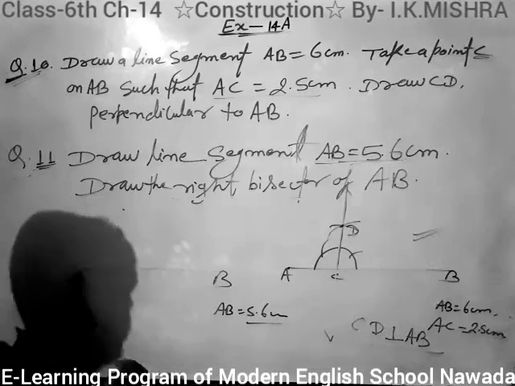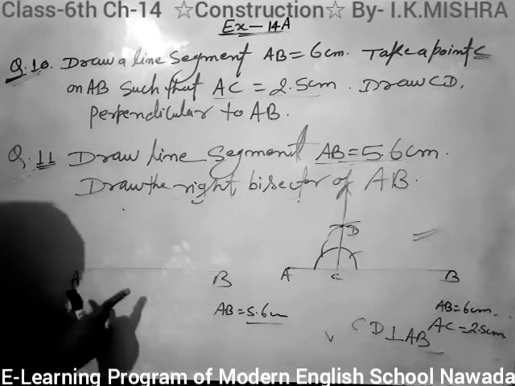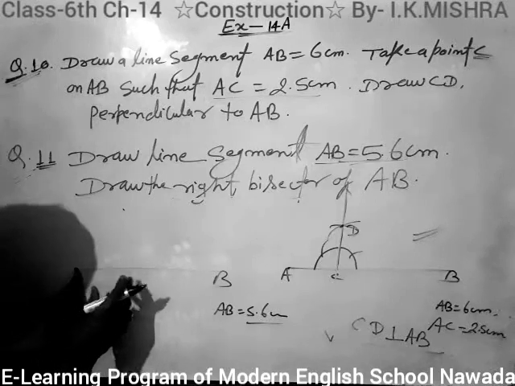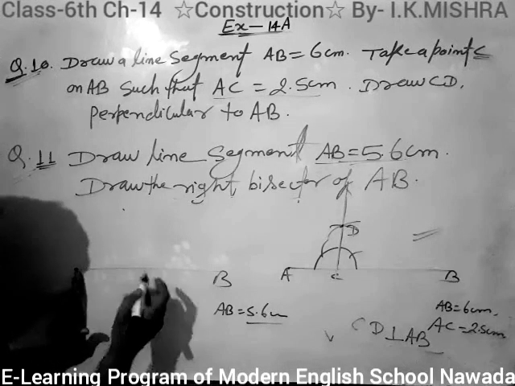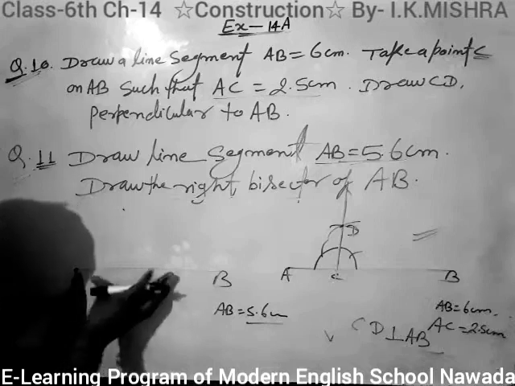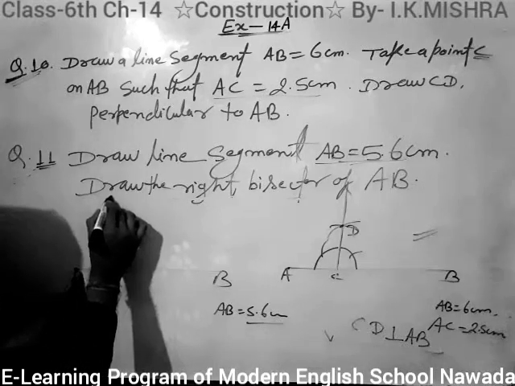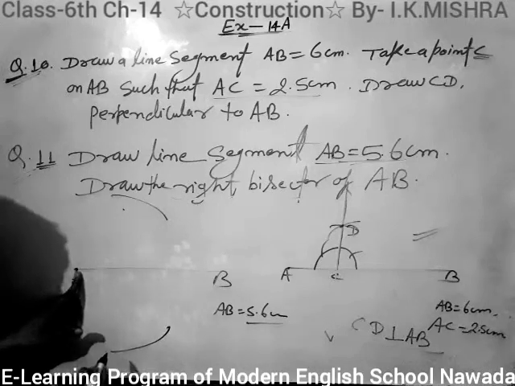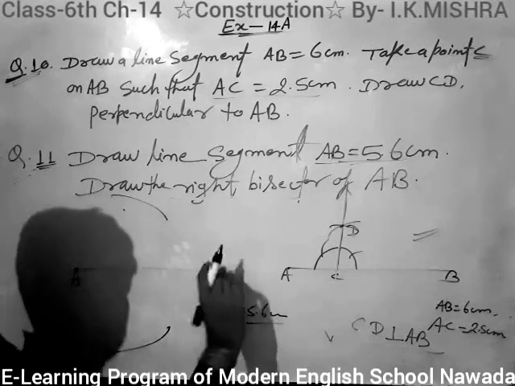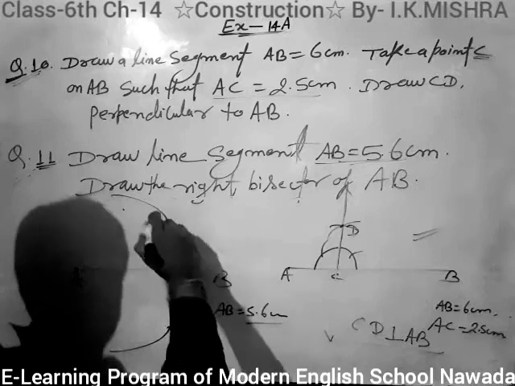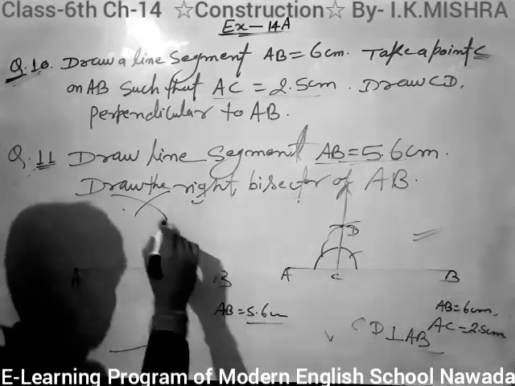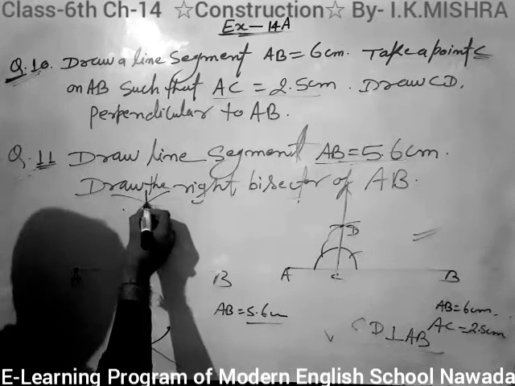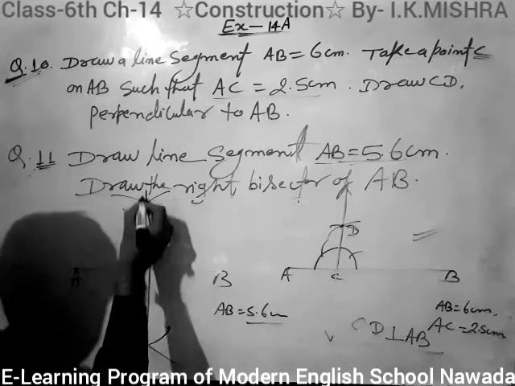For drawing the bisector, first of all, with A as center and radius more than half of the line segment, draw an arc above the line segment and below the line segment. Now with the same radius, with B as center, draw arcs which cut the previous arcs at these points, and join these cutting points.